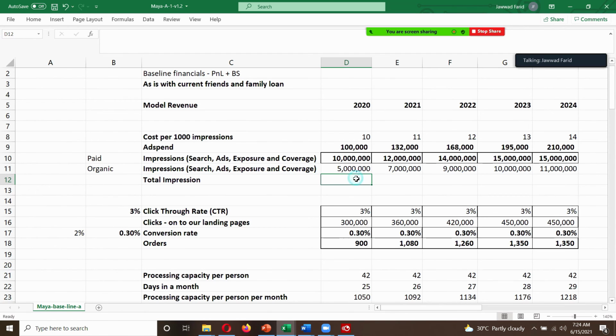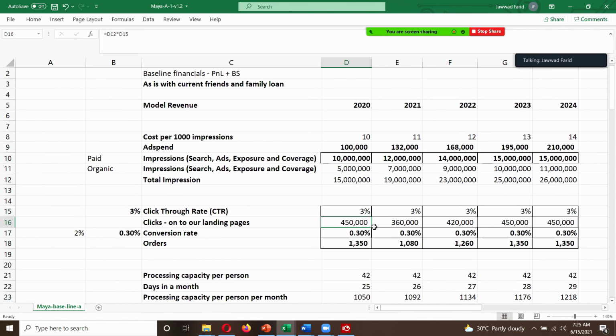So if I do total impressions, that's going to be the sum of this and this. That's 15 million impressions. And I'm going to link my click-through rate with the same. So I'm going to change the model a bit now. Rather than linking it to my paid impressions, I'm going to add total impressions to this mix, which means this row will become, rather than D10, it'll become D12.